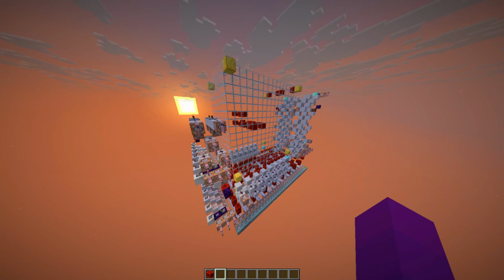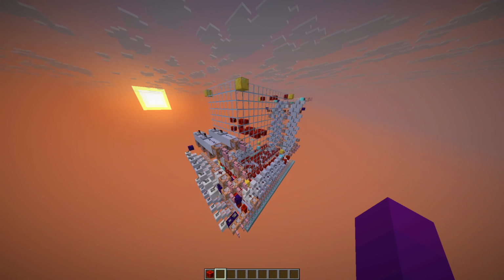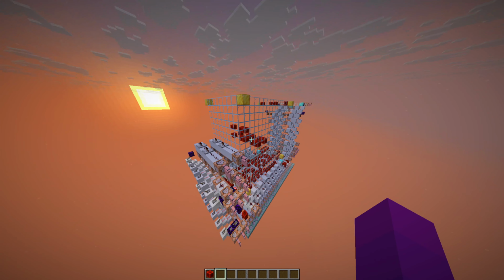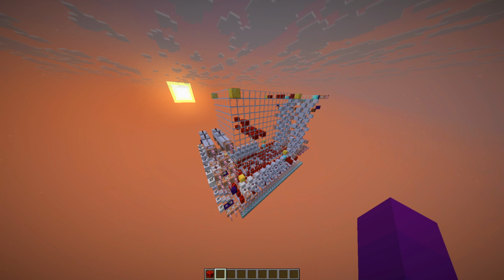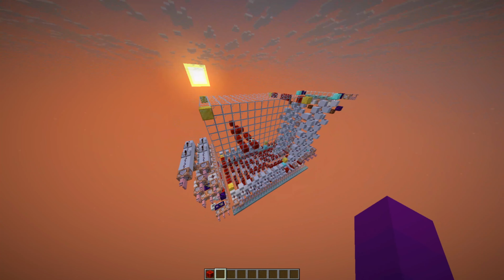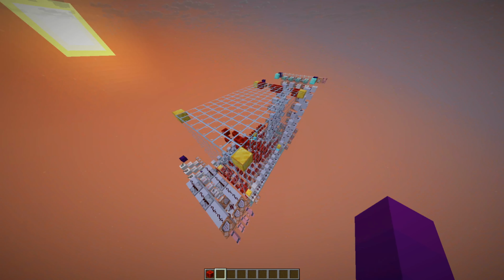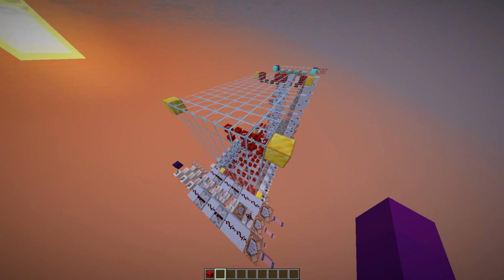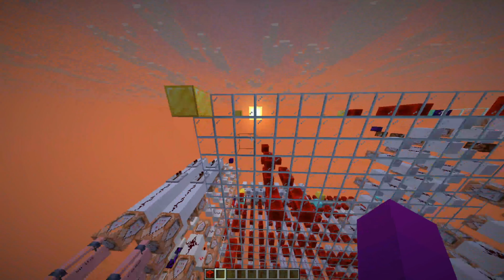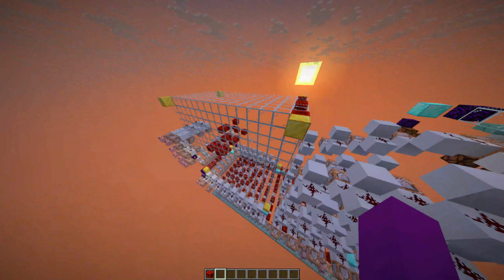It didn't take me too long. This took me a day to do, but I've had this idea in my head for a while. So again, this is about as dense as you can get it. I mean, the bits are literally right next to one another in this entire glass area.